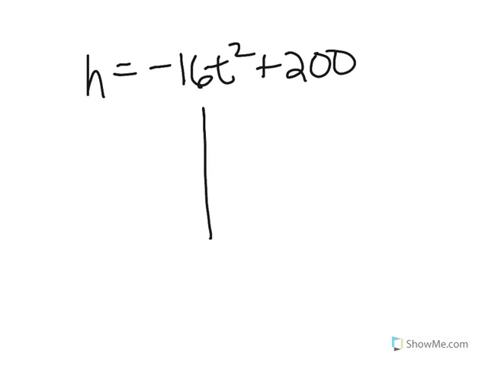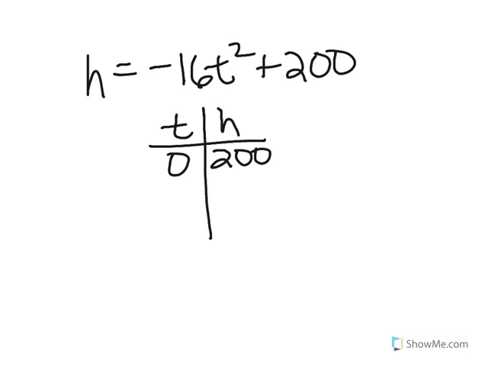If t is 0, the bungee jumper is at a height of 200 feet. I know that because t squared would be 0, -16 times 0 would be 0, and 0 plus 200 is 200. So that means that the platform, even though they didn't tell us, is 200 feet tall.